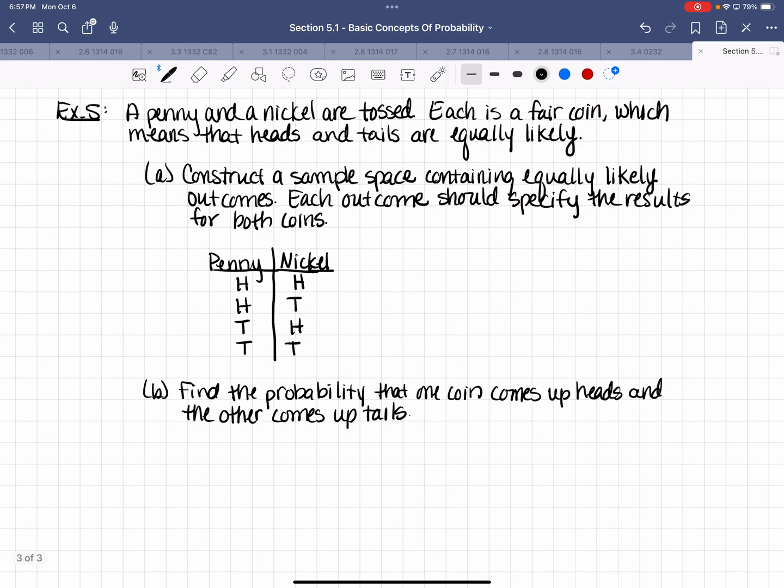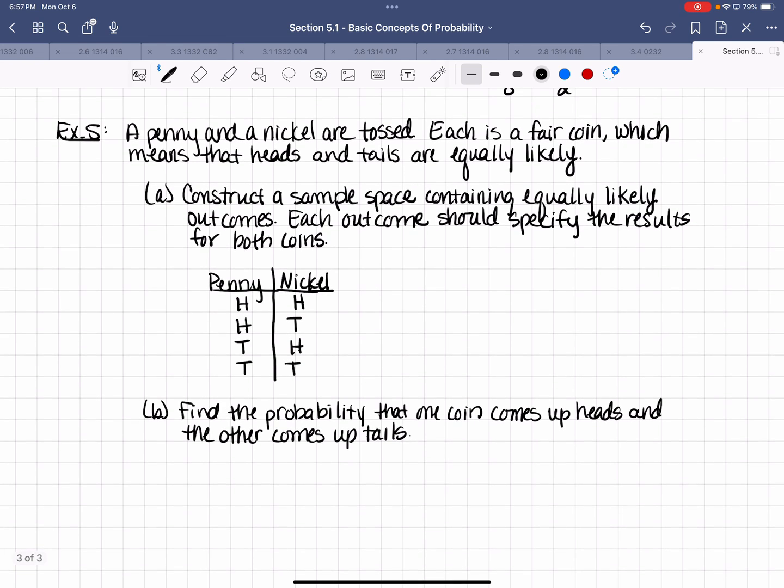Okay? Find the probability that one coin comes up heads and the other comes up tails. So you don't want a head and a tail. It's got to be head-tail or tail-head, right? Okay, they've got to be opposite. Okay, they can't be the same.